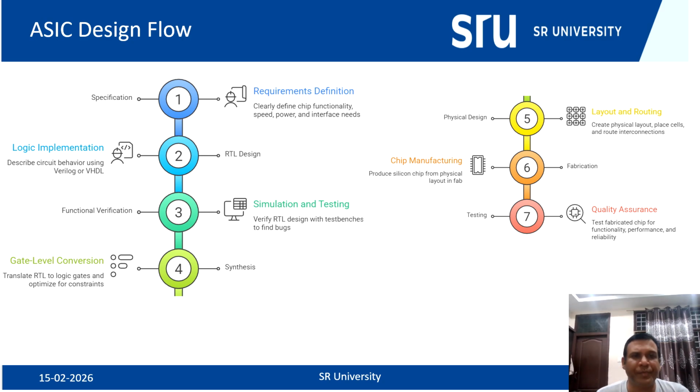Now coming to the testing part, the final stage is known as testing. After fabrication, the chip is tested to ensure it functions correctly and meets the design specification. Various test techniques are used to verify the performance, functionality, and reliability of the circuit.